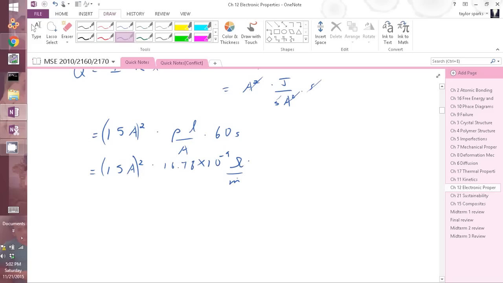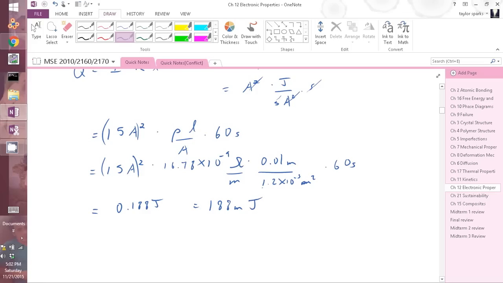We're going to multiply this by the length, 0.01 meters, divided by 1.2 times 10 to the negative 5th meter squared. Multiply this by 60 seconds, and we finally come to 0.188 joules, or 188 millijoules.